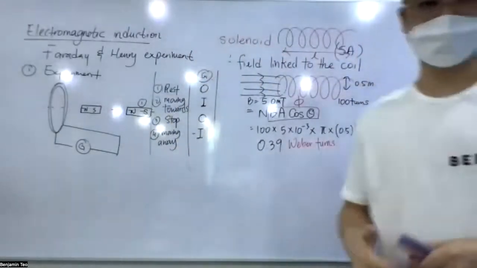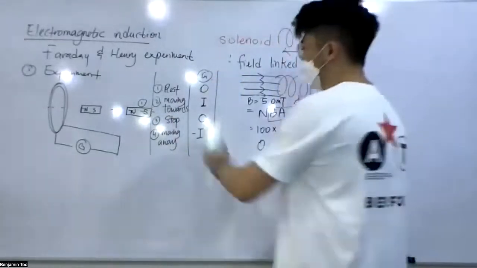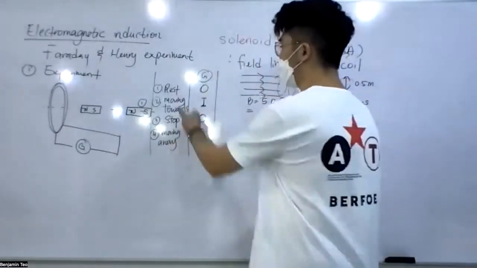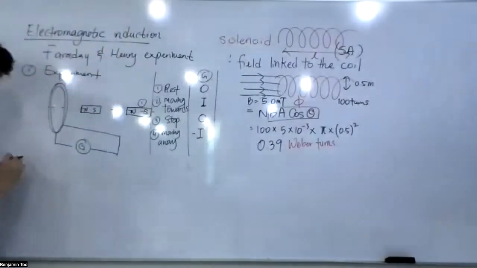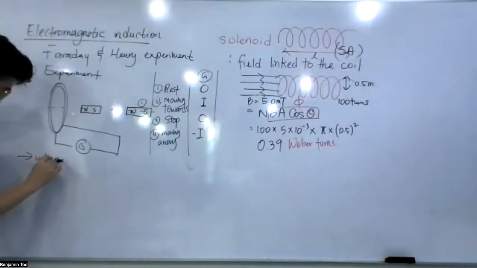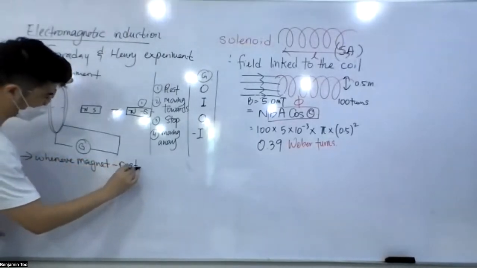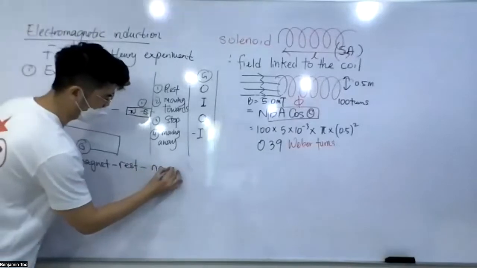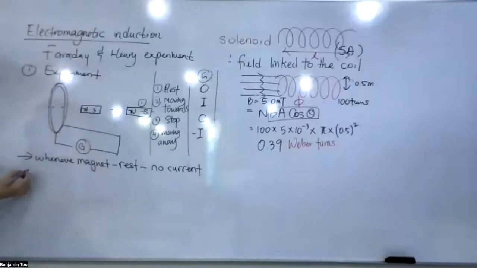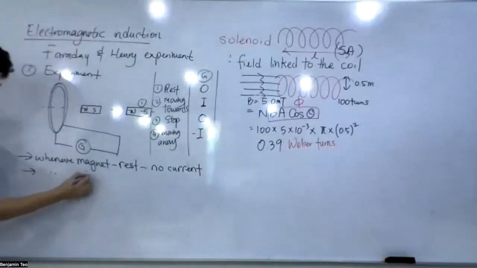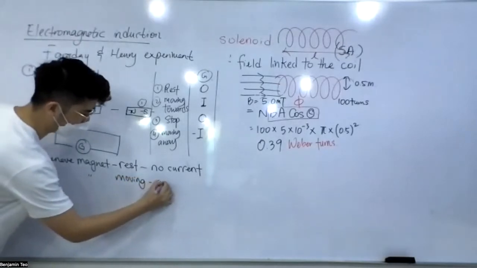Right, so that is the observation from this experiment. Based on this observation, okay, they make a conclusion. Whenever the magnet is at rest, there's no current. No current is produced. Whenever the magnet is moving, current is produced.